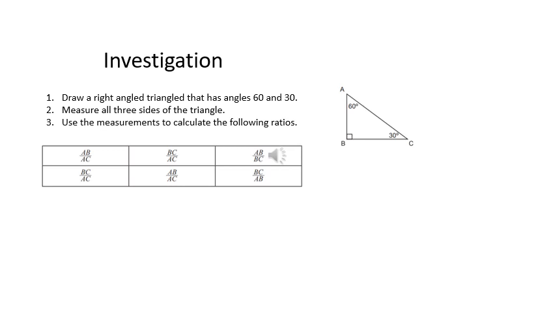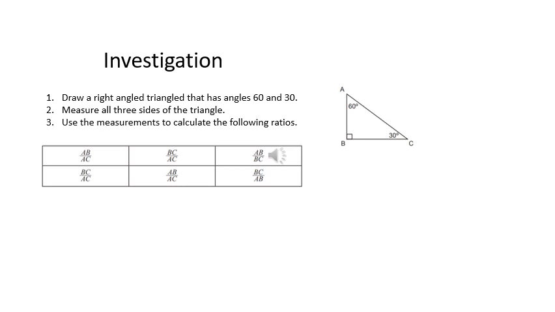You draw the right angle triangle with angles 60 and 30 degrees. You measure all three sides using your ruler, and then you use the ratios that I have provided on the board to calculate.